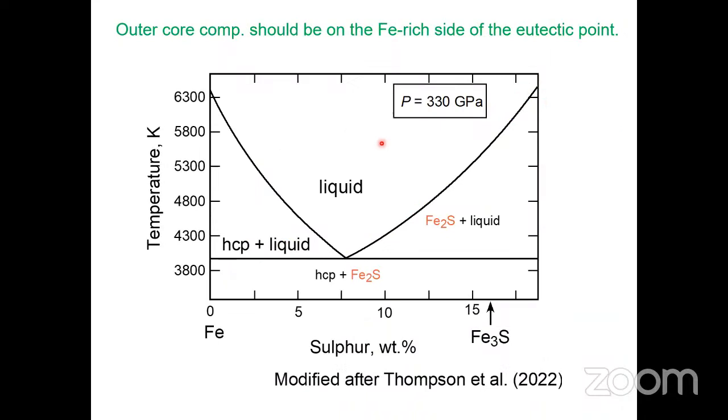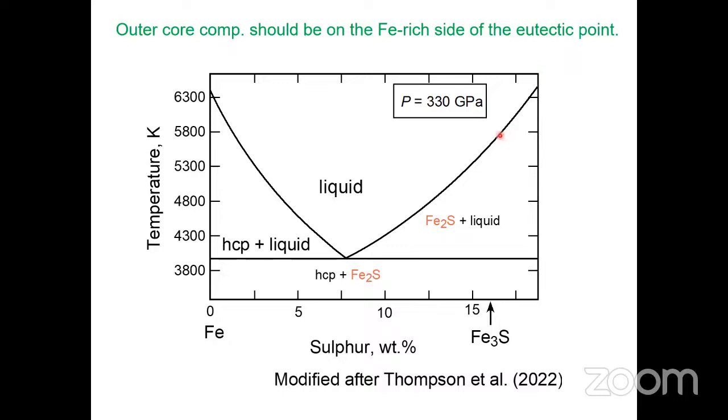This is the eutectic diagram for 330 gigapascals, which corresponds to the inner core boundary pressure. And Fe3S is here. If you crystallize the Fe3S outer core, the crystallizing phase is Fe2S. So the Fe3S solid phase is no longer stable at this pressure, and instead Fe2S is stable. I'm sorry, Fe2S should be like here.